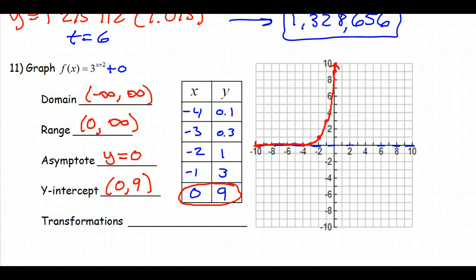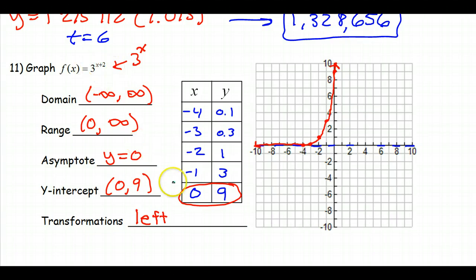Now, the transformations, there's only one transformation from the parent function. All right, the parent function was 3 to the x power. So this little +2 here is the only change. And that +2, in the exponent, those are left-right changes. And they happen the opposite of the way they look.